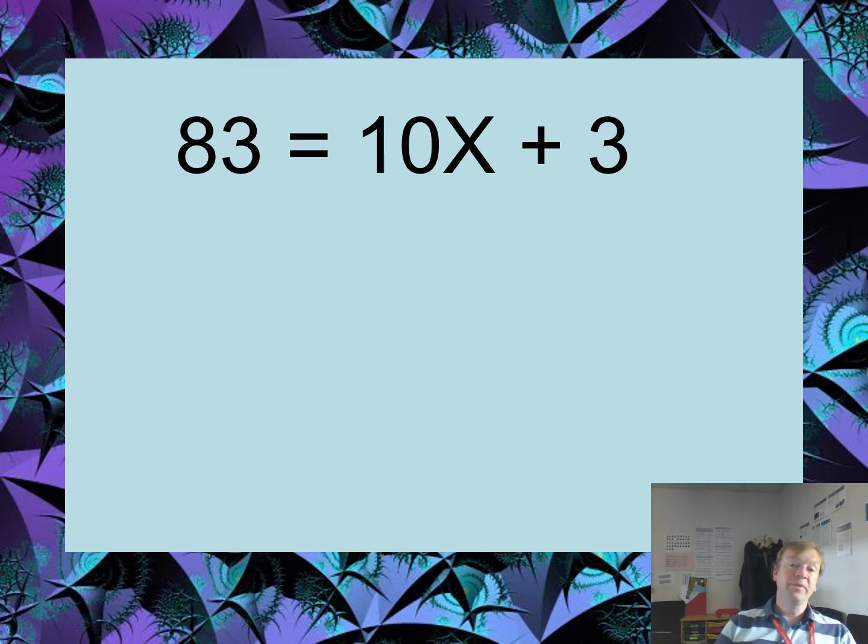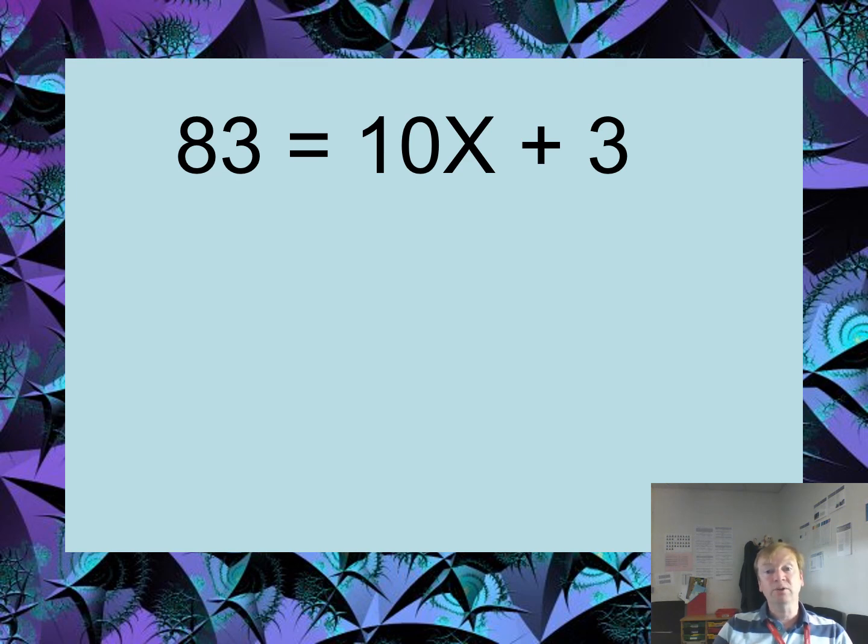Okay, finally, this equation is another 2-step one, but it kind of catches you out. It's been written in a funny order. So instead of having all the x on the left-hand side, it's now on the right. This makes no difference at all. We still solve it in the same way. So here we go. 10x plus 3 is equal to my 83. So I'm timesing by 10, I'm adding on 3, so I'm doing the opposite.